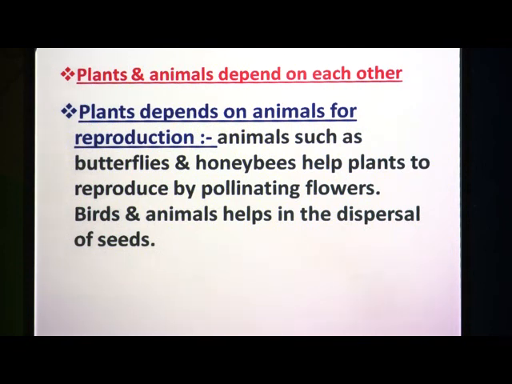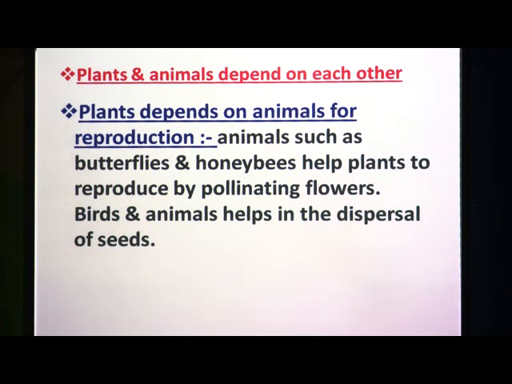As we learned in the topic of dispersal of seeds, animals are helpful in the dispersal of seeds. Some seeds get stuck on the bodies of animals such as sheep, goats, etc., and are scattered that way.